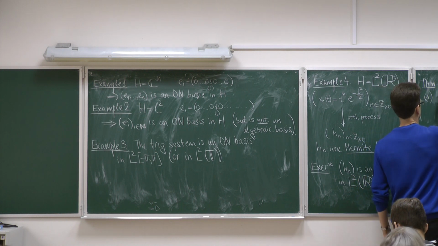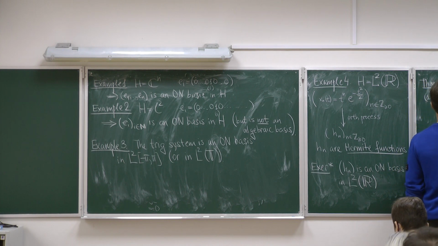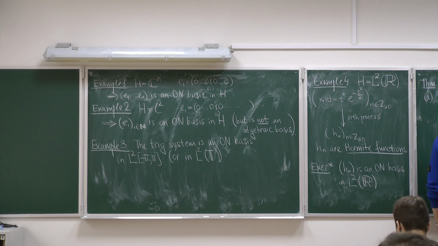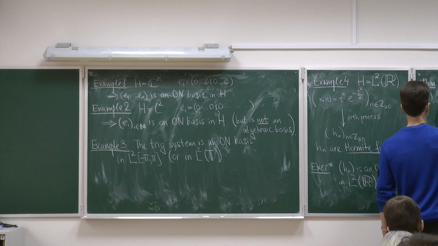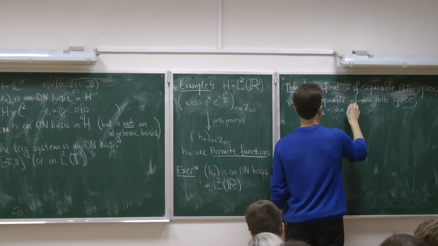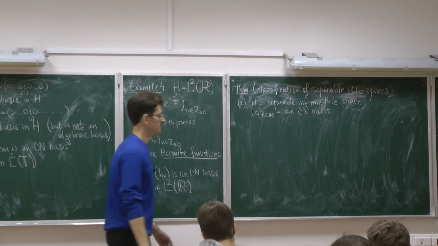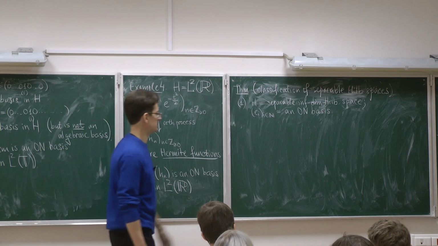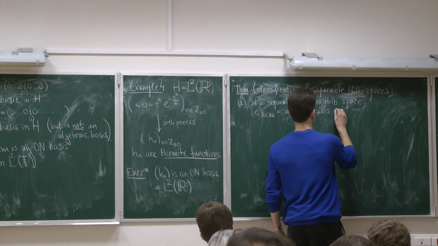Suppose that H is a separable, infinite dimensional Hilbert space. So we choose a countable orthonormal basis. Let e_i be an orthonormal basis. We know that it exists, and of course it is infinite because the space is assumed to be infinite dimensional. An orthonormal basis of H.